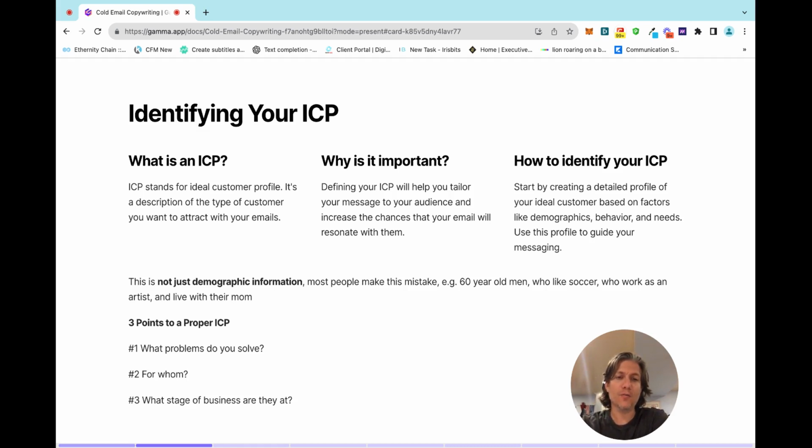And so for whom, you do plumbers up and down the East Coast, let's just say, in the United States. And what stage of business? They have to have at least 5 employees and generate at least $2 million in revenue a year. So this is a more crystallized ICP than Bob, who lives with his mom and likes soccer. So you can see the difference.